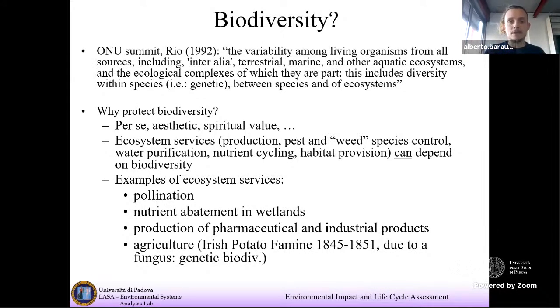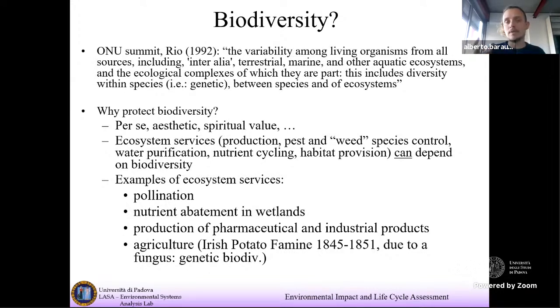Of course, the first reason that comes to mind is moral reasons. Okay, every living being has the right to exist. Every ecosystem has the right to exist, and so they may have a spiritual value for us.